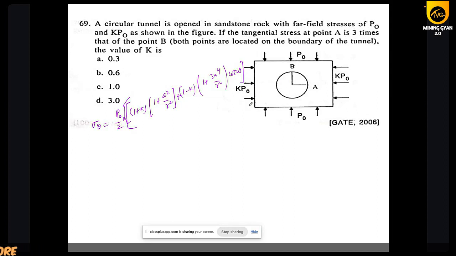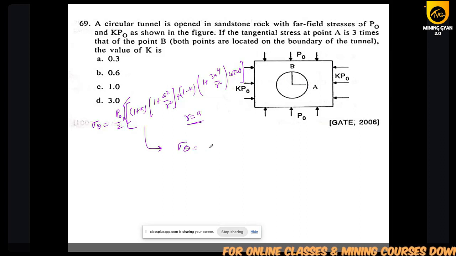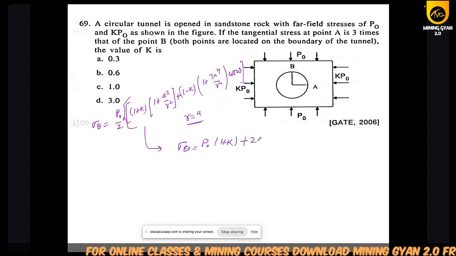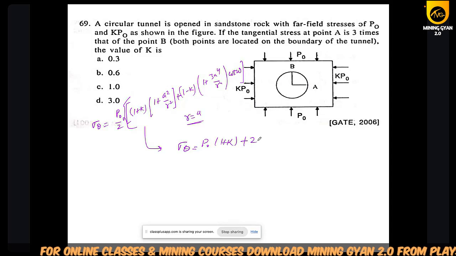Okay, so at a boundary, where r equals a, we have also discussed a few properties. You can directly remember that also: P naught times (1 plus K) plus 2 (1 minus K) cos 2 theta.